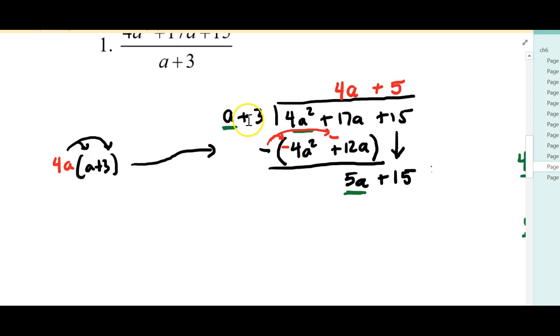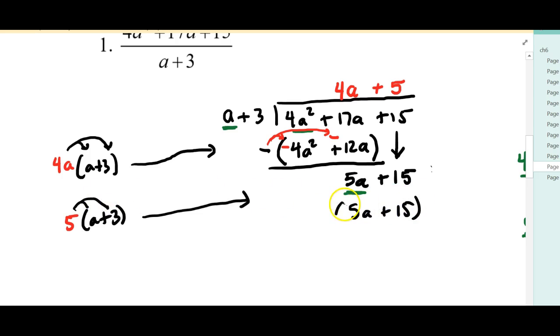Multiply this times that, and then I put that result down here. So 5 times a plus 3. That result's going to go here. So what is that equal to if I distribute that? 5a plus 15. And we're subtracting that away from the top.